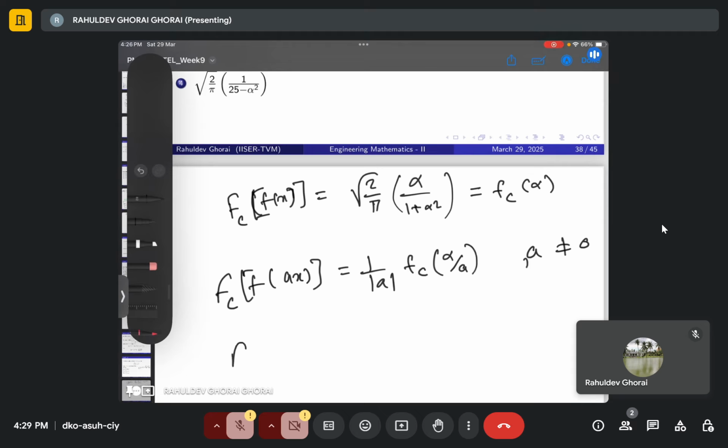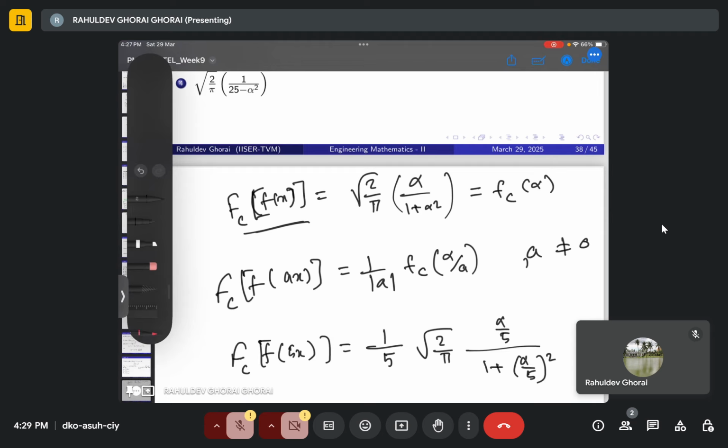Now in this case we need to find fc of f of 5x. That will be given by 1 over modulus of 5, that is 1 over 5, times fc at alpha over 5. So the square root of 2 over pi times alpha over 5 over 1 plus alpha over 5 whole square.